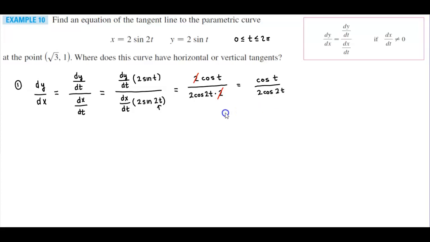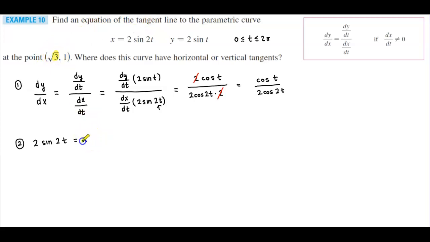Okay, now the next thing that we want to do is look at the values of x and the values of y here. So if we take a look at this first one, we know that we have 2 times the sine of 2t, and that's equal to x. So we need to look at the x-coordinate here. The x-coordinate is the square root of 3.